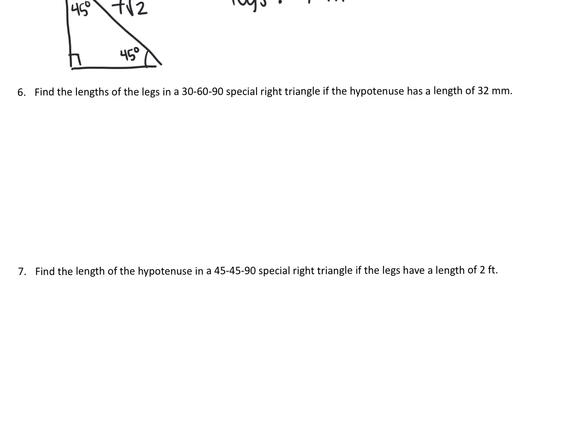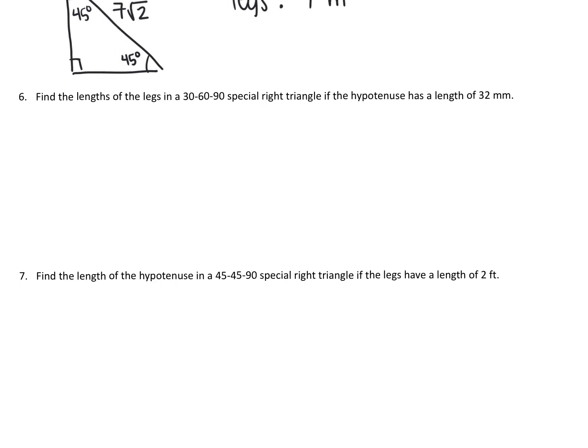So those were kind of easy type examples, but now let's look at a little bit more difficult. So we're finding the lengths of the legs in our 30, 60, 90 special right triangle if the hypotenuse has a length of 32 millimeters. So we have our 30 and our 60, and we know our hypotenuse is 32.